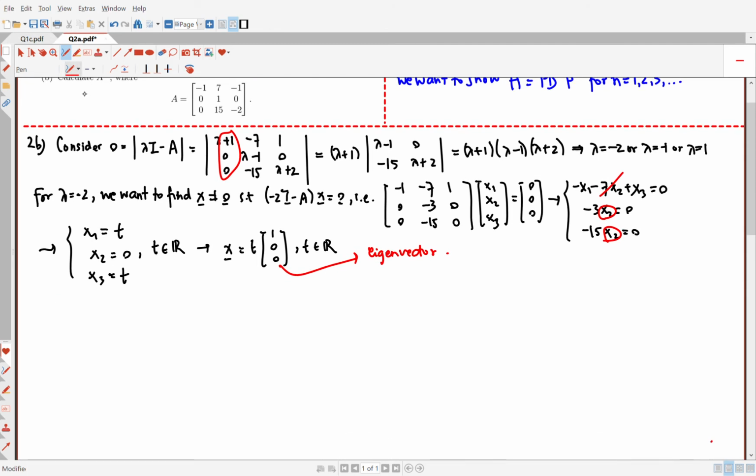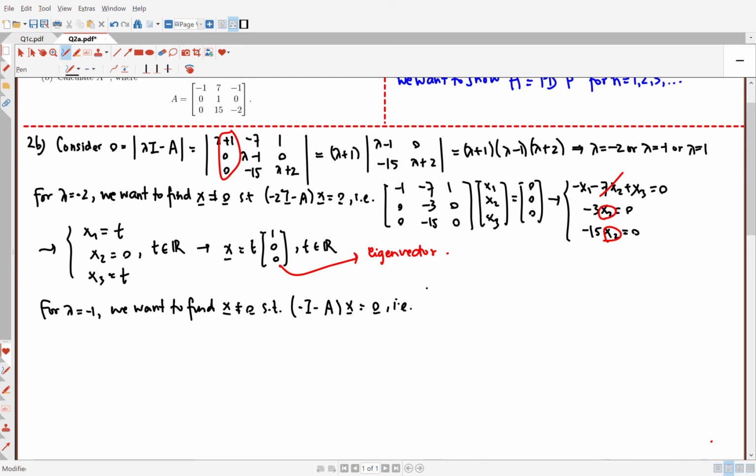Next, we still have two more. For lambda equals minus 1, we want to find x not 0, such that minus I minus A times x is equal to 0.